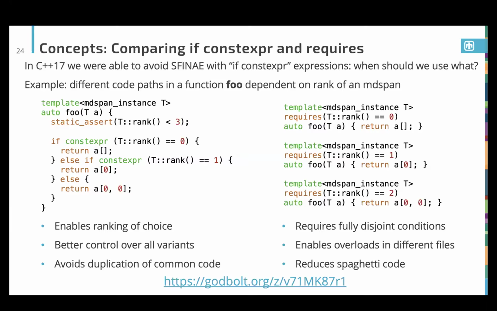It usually all looks in the same place, and you avoid duplication of common code. If in the place of that static assert there, you have a bunch of things happening which are common no matter what the rank of your mdspan is, if you wrote multiple overloads, you would need to either put that into an extra function, which then gets called by every one of these overloads, or you duplicate that code.